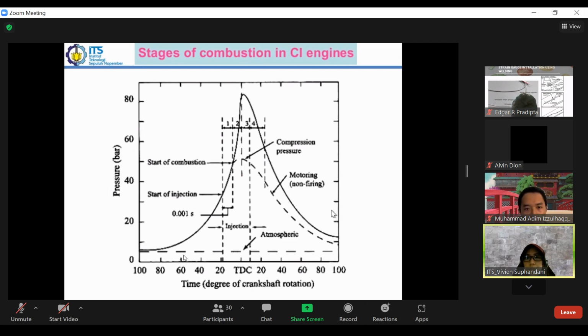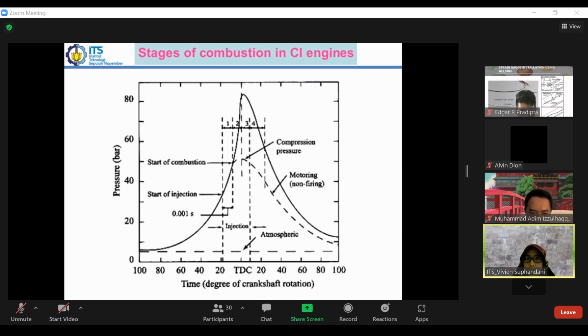The top dead center is at this point. We start to inject the fuel slightly in advance, in this example about 18 degrees before top dead center.